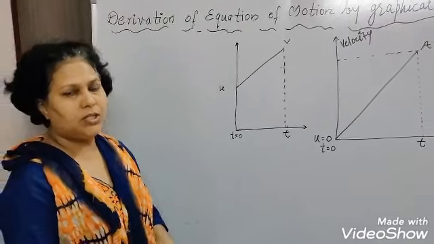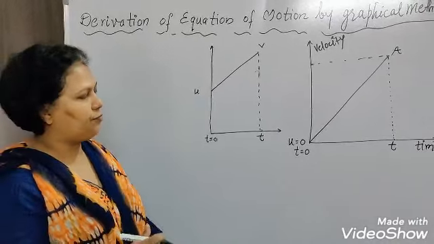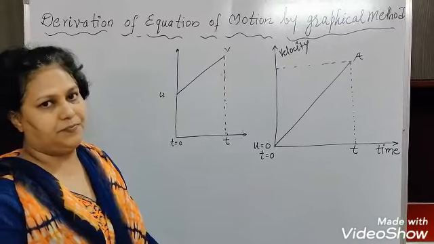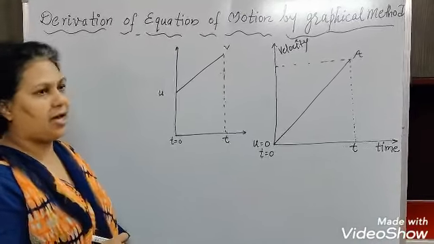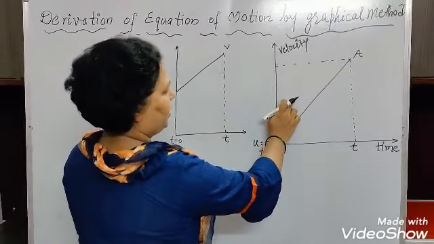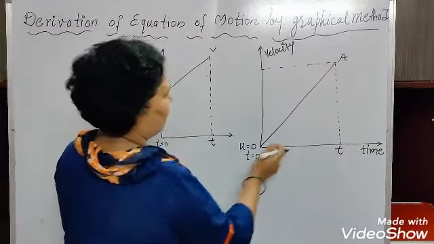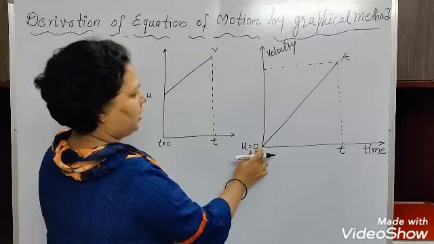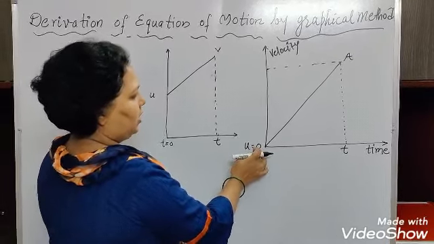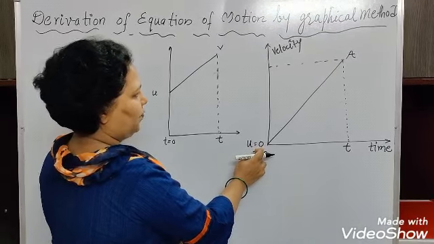As you know, the velocity time graph for uniformly accelerated motion is a straight line. So we have two graphs here. The first one is the velocity time graph when the motion started at t equal to 0, and the initial velocity, which we say u, is also 0.